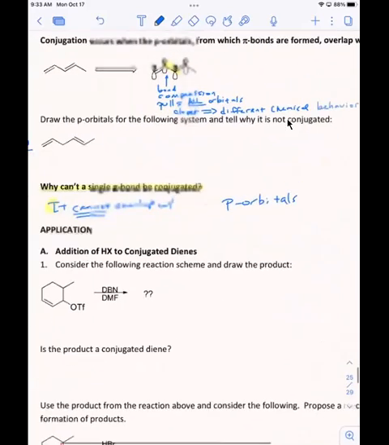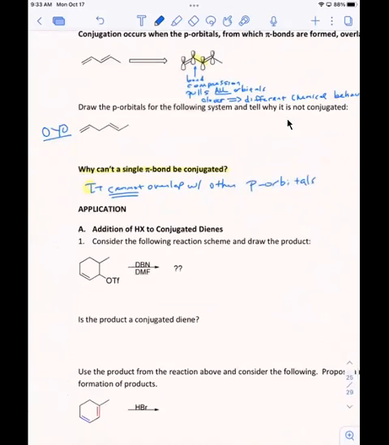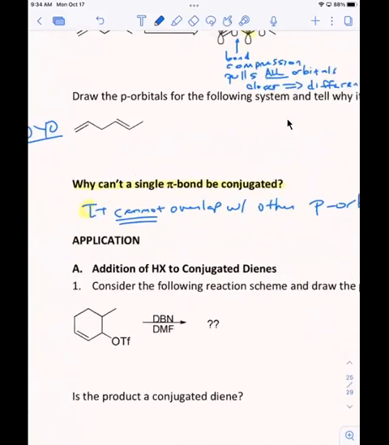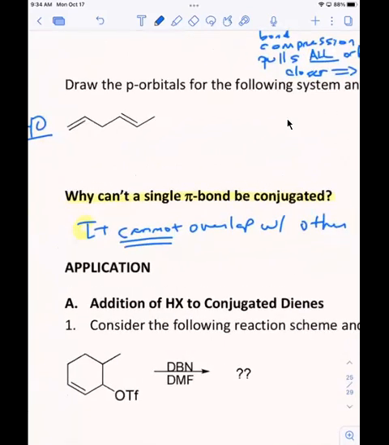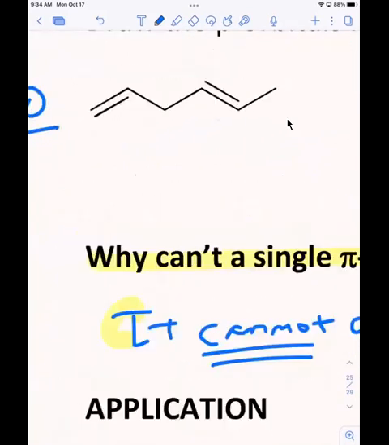That's the whole idea behind conjugation, is that you have these two sets of p orbitals that are overlapping and they really become a system or a unit. If you have them far further apart, non-conjugated, like this one, then that can't happen. Even though you've got two pi bonds present, they're not close enough for the orbitals to overlap.